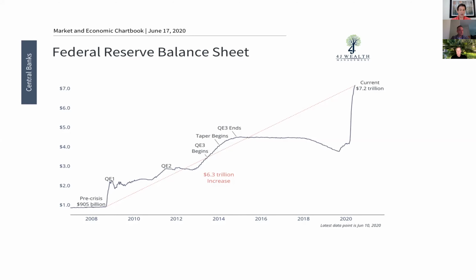The total increase over that time frame was 6.3 trillion with a T, which is a massive amount of money sent into the system. Now fast forward to 2020, and you can see in about a month, the Fed added a little over $3 trillion to its balance sheet. So we expect that trend to also continue as we work our way through the recovery from coronavirus.